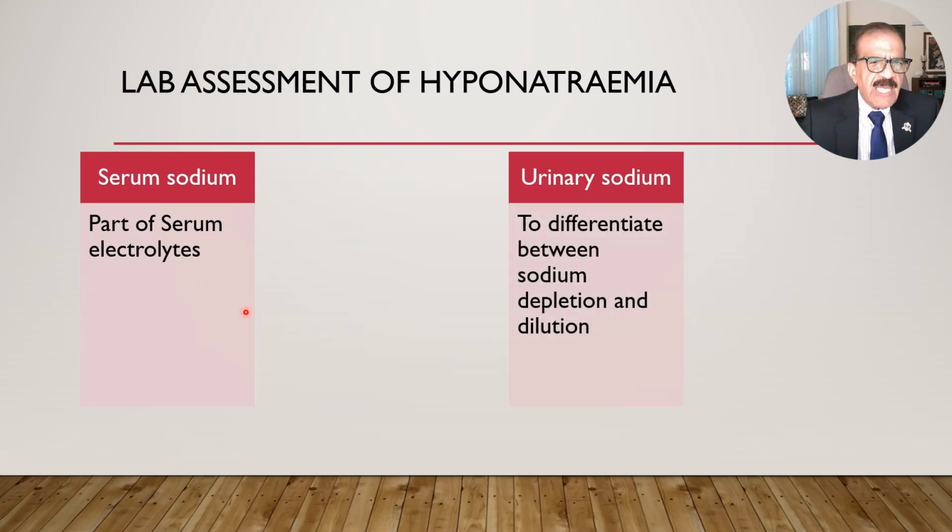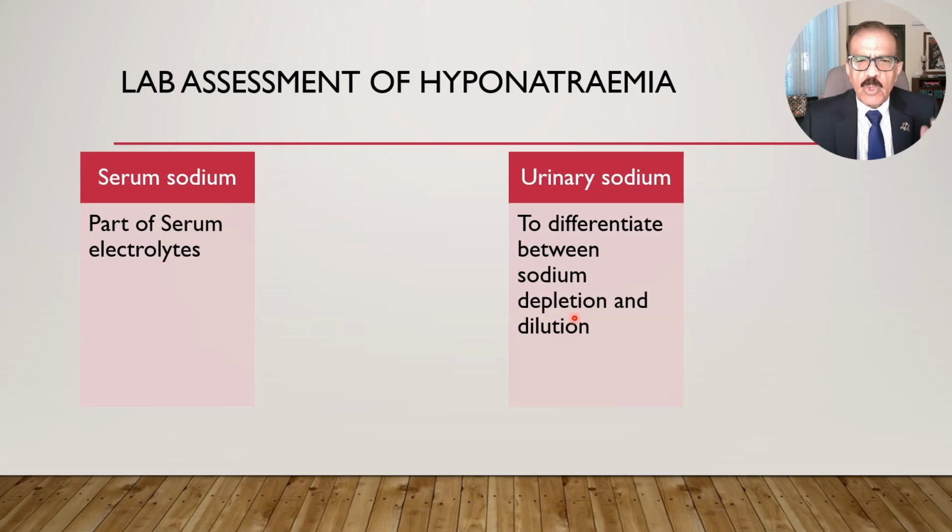Now, I think another laboratory test which is very useful is urinary sodium. Because if there is true hyponatremia, if the body is truly deficient in sodium, then the kidneys must be trying to preserve every single molecule of sodium passing to the nephrons.